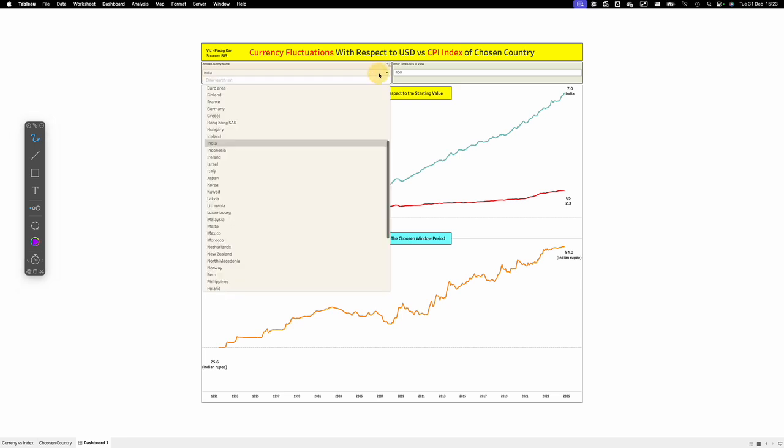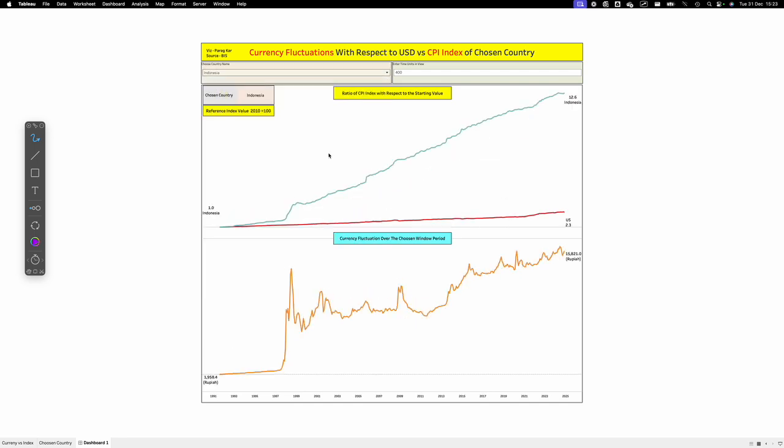So let me just pick another country. For example, let me pick a country which is almost at par, let's say Indonesia. If I pick Indonesia, you'll find that in Indonesia also the inflation is like this. Compared to the US, there is a huge gap.